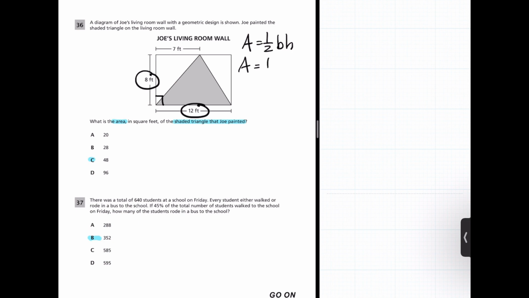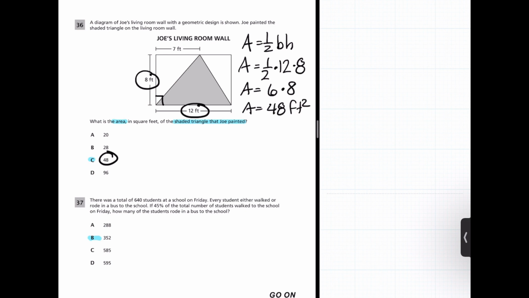So area is equal to 1/2 times 12 times 8. All right, I'm going to start with the first two numbers. Half of 12 is 6. So I have 6 times 8, and 6 times 8 is 48 feet squared. So there's the answer for number 36.